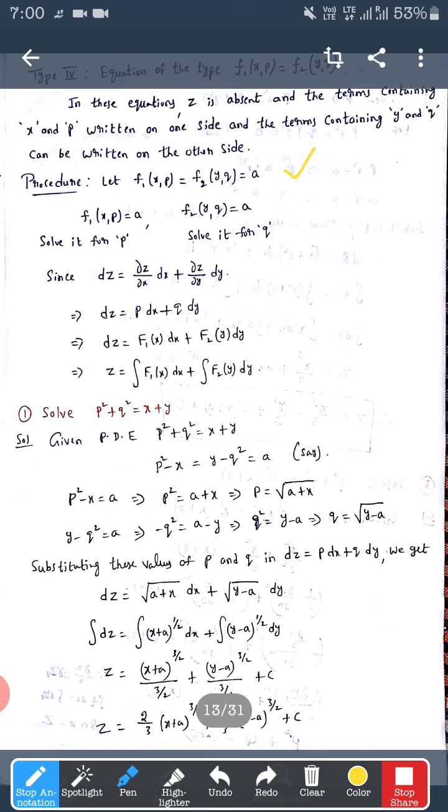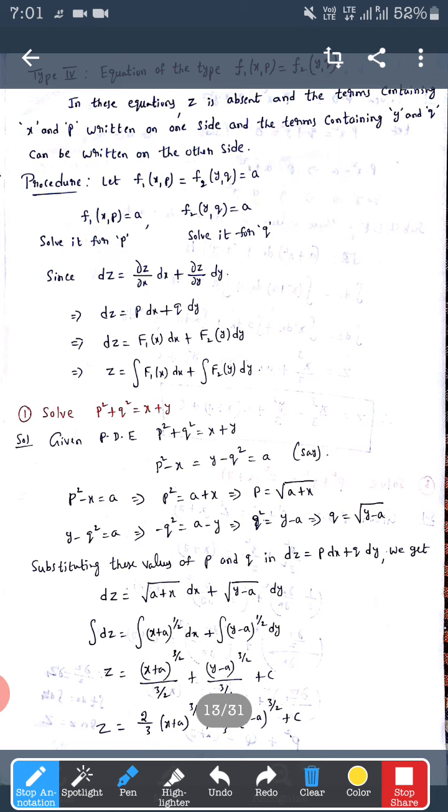Again, after equating to a constant, f1 of x comma p is equal to a and f2 of y comma q is equal to a. After writing this, we have to solve this equation for p, that means we write p is equal to something, and solve it for q. And again we have a formula, dz is equal to dou z by dou x into dx plus dou z by dou y into dy.